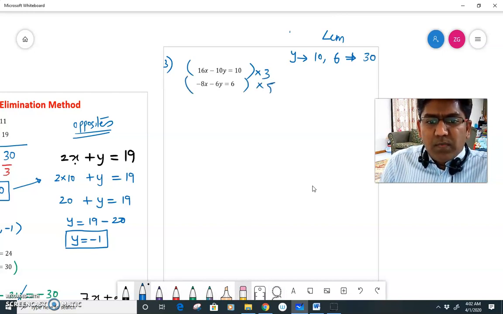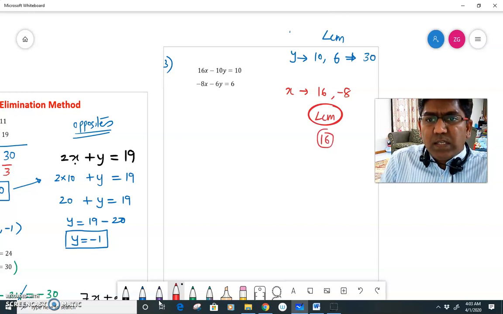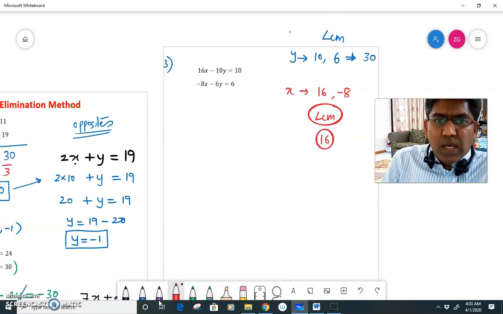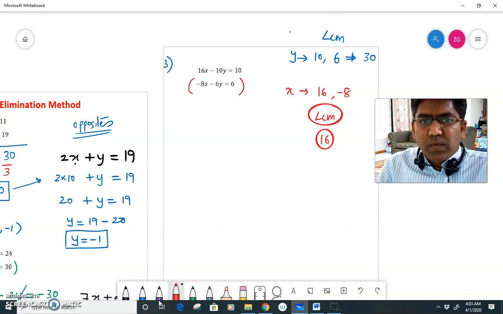But if I need to make x the same, what do I have to do? The coefficients of x are 16 and minus 8, and the LCM of 16 and 8 is 16. So I don't have to multiply both equations. I need to multiply only the second equation. So in this example, I'll prefer to multiply only the second equation.